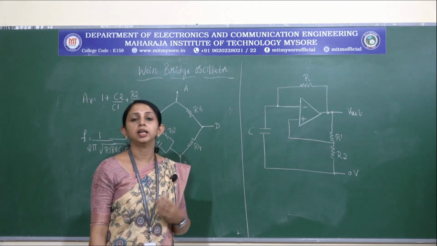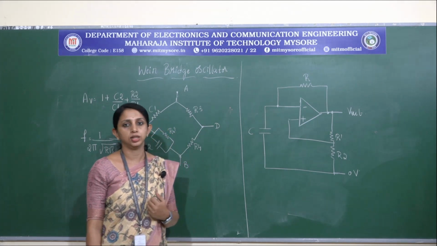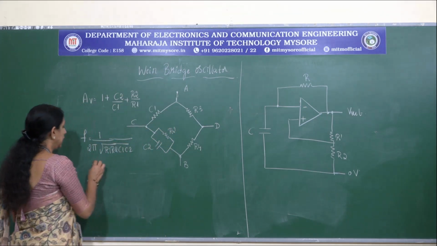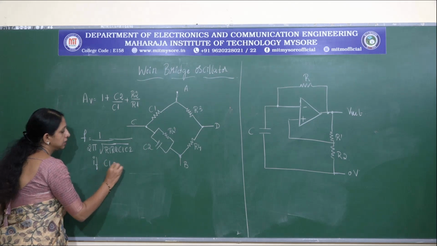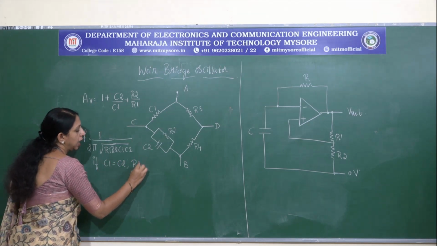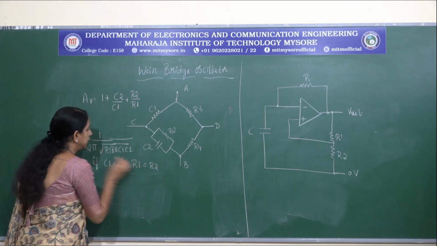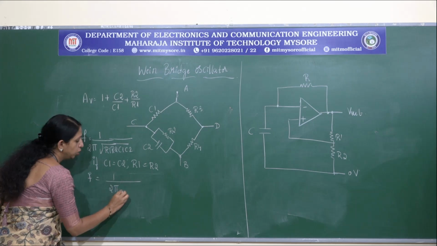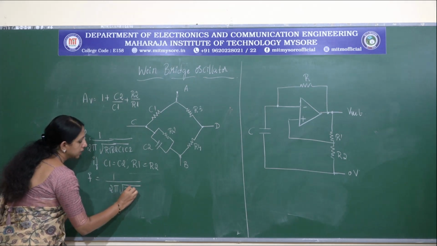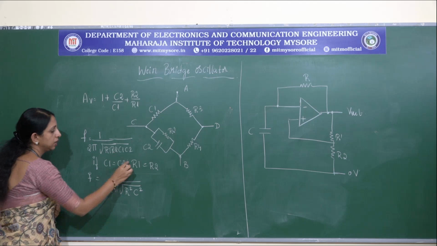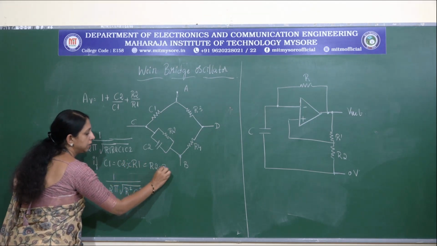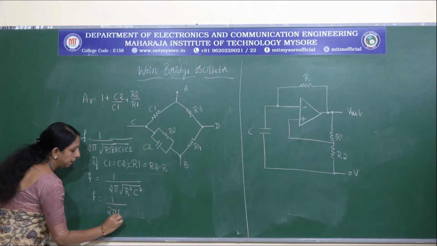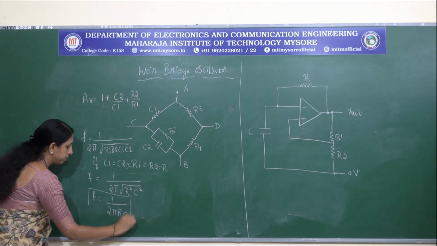If you assume that R1 and R2, C1 and C2 are equal values, then we can rewrite this expression. If C1 is equal to C2 and R1 is equal to R2, then this equation becomes F is equal to 1 divided by 2 pi square root of R square into C square, which is equal to C, and here I will make it R. Then the final expression becomes 1 divided by 2 pi RC.